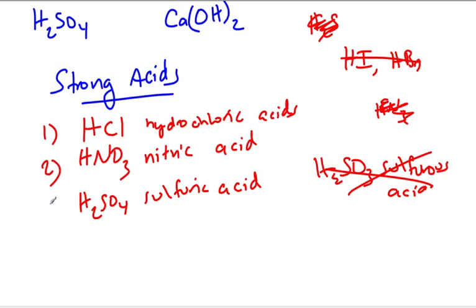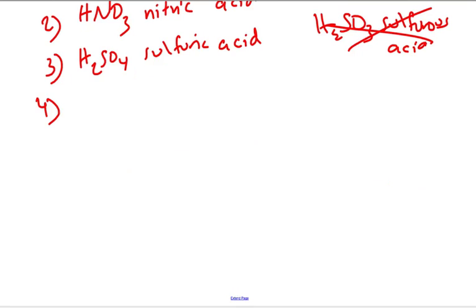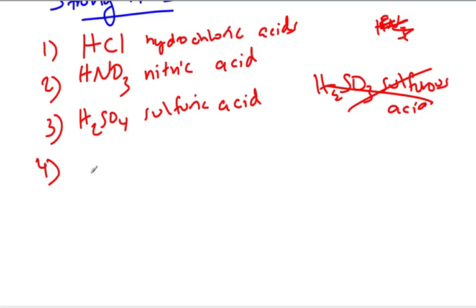So we have 1, 2. These are very common strong acids. I'm sure these aren't the only ones in existence, but these are the ones that we look at.